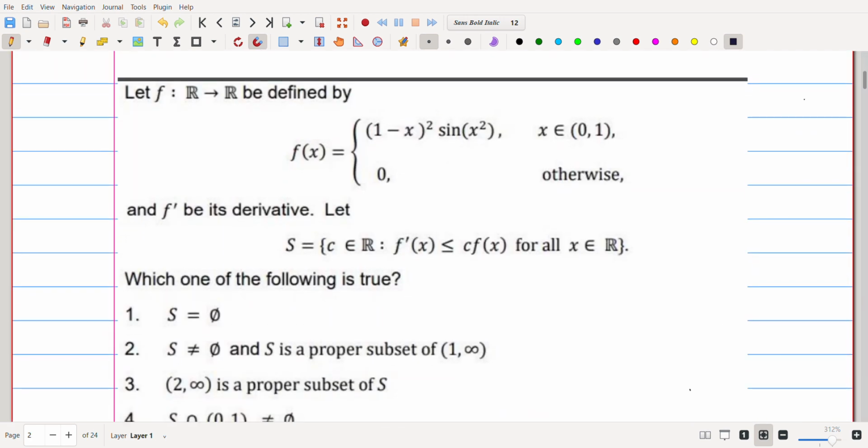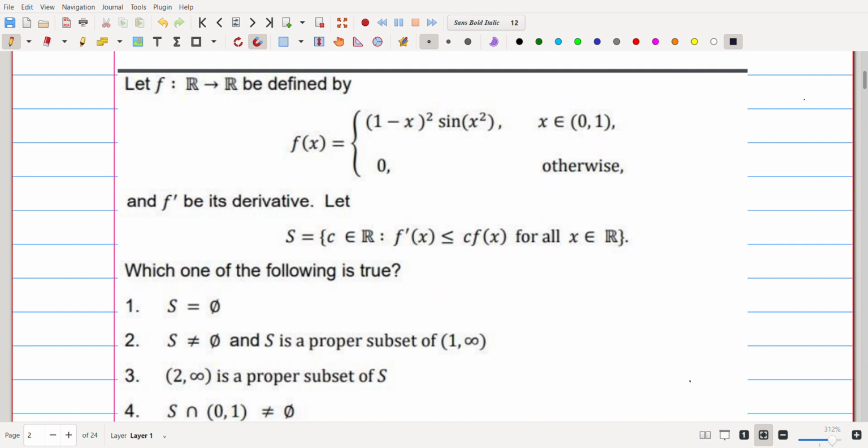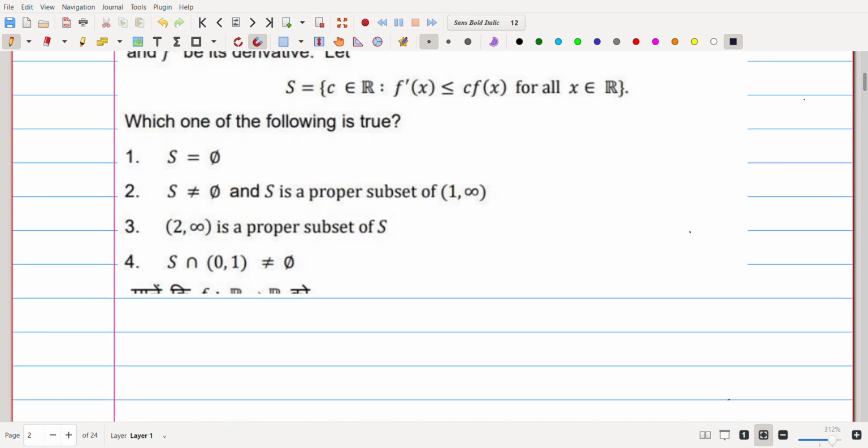The next problem is also very nice. It is given that f is a real valued function defined in this way and f prime is its derivative. Then we are considering the set of all c such that f prime of x is less than or equal to c times f of x for all x belonging to R. So consider g of x equal to f of x times e to the power minus cx.